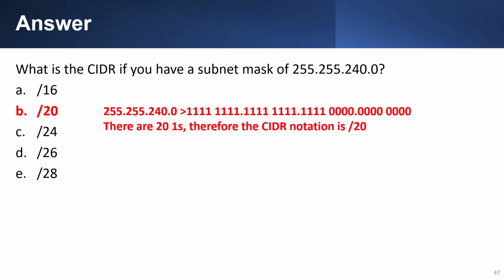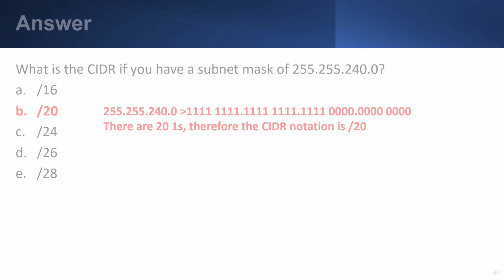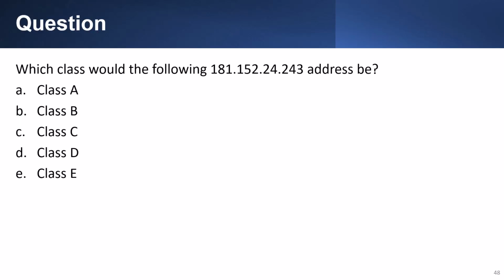Answer: /20. Question: which class would the following address be? 181.152.24.243. Answer: Class B.